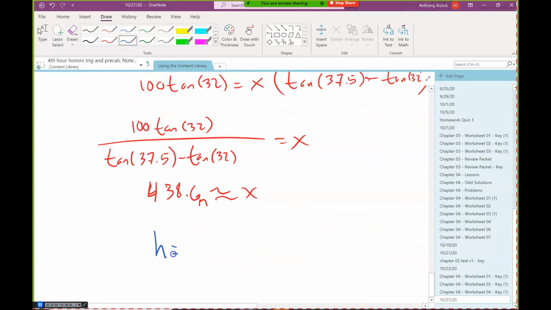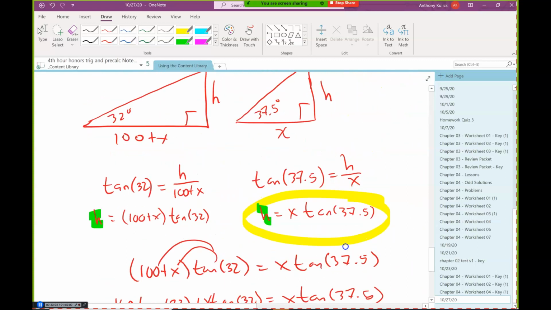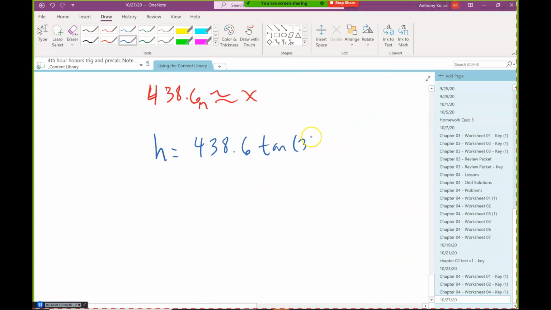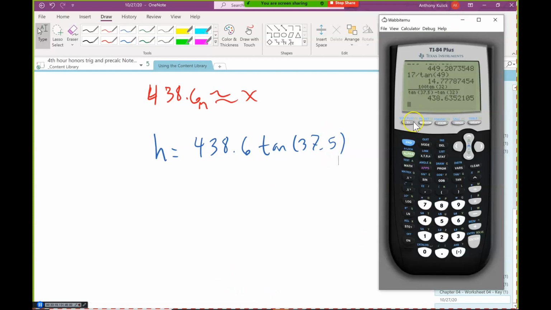Good thing I did because that's the tan 37.5. Okay. So I'm just going to steal this answer from my calculator and multiply it by tan 37.5. So 336.6.